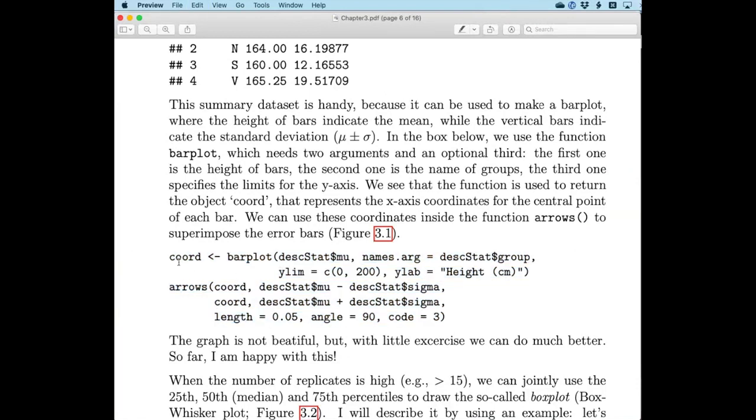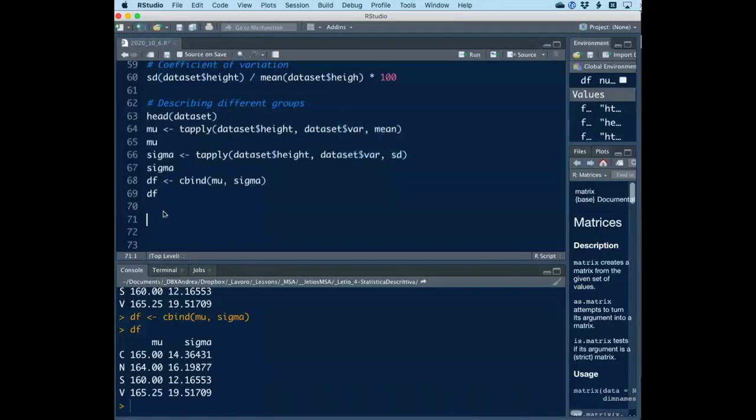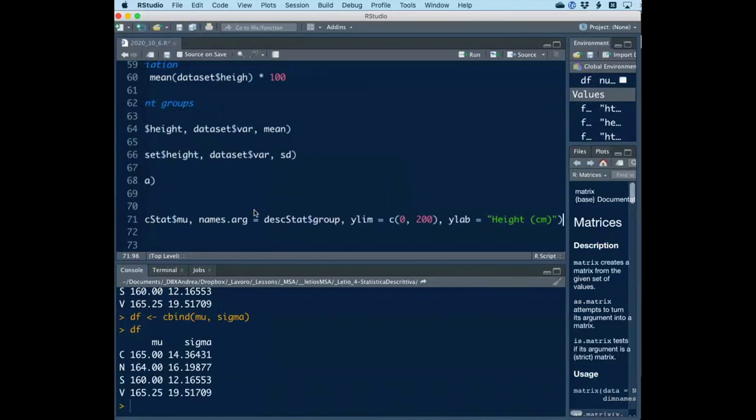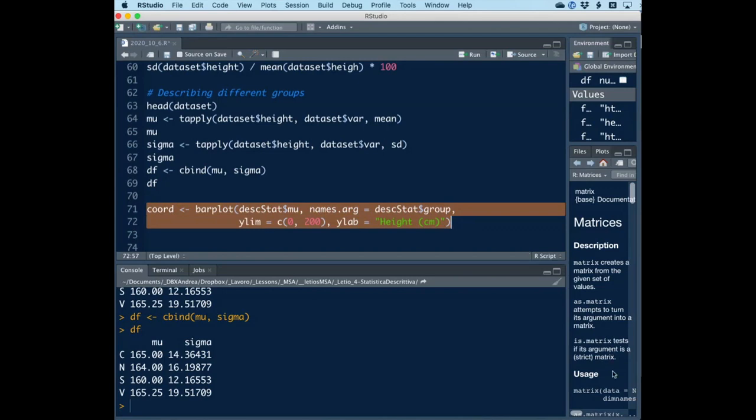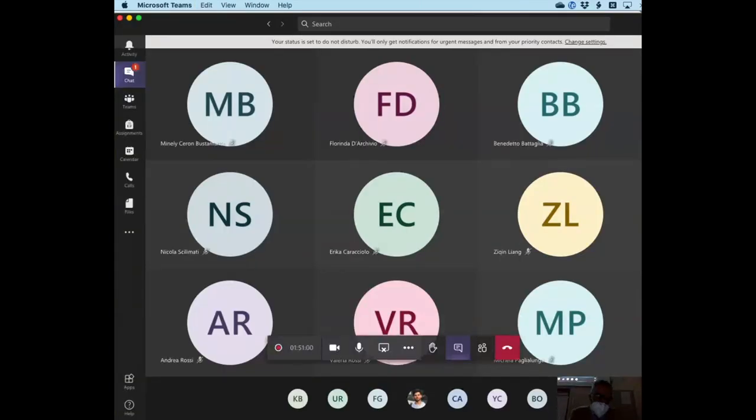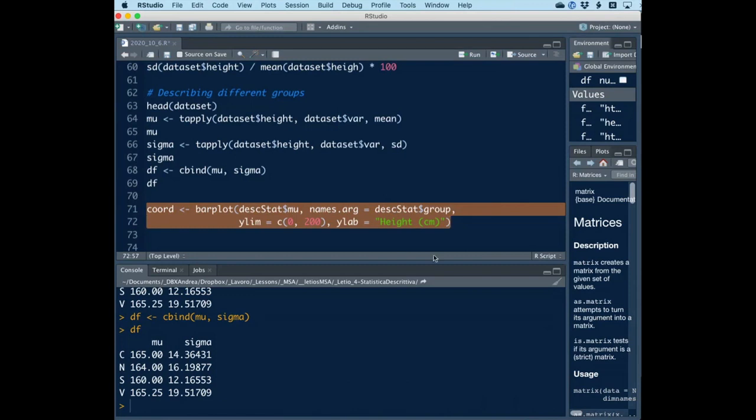So you see that the function is barplot. We are making a bar plot indeed.